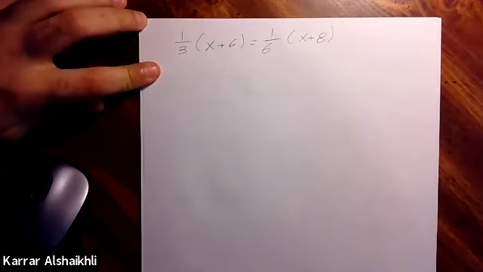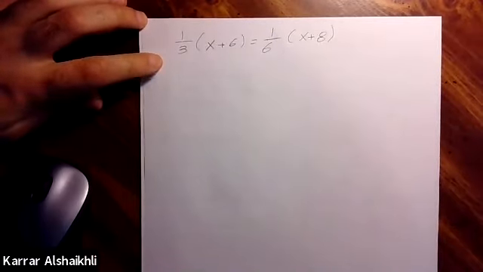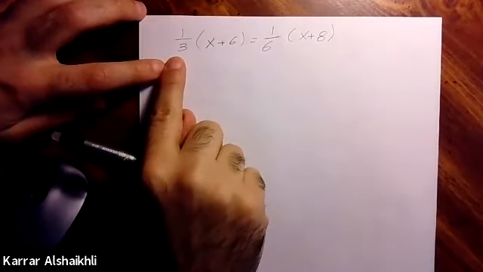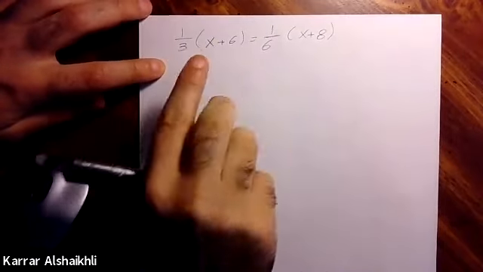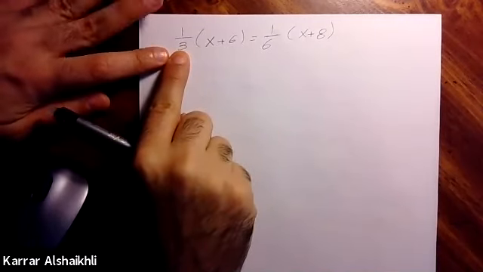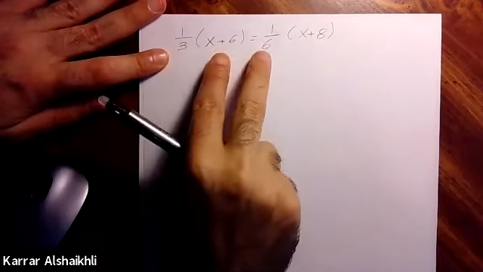So remember, every time you see parentheses and there is a number outside, you're going to distribute. But in this case, the number outside is a fraction. And it's a little bit hard when you distribute the fraction on parentheses.